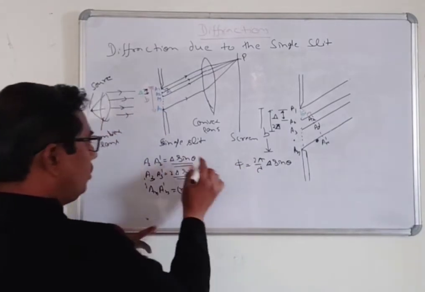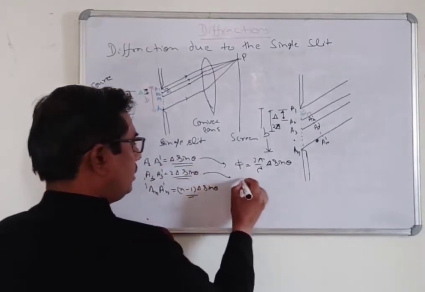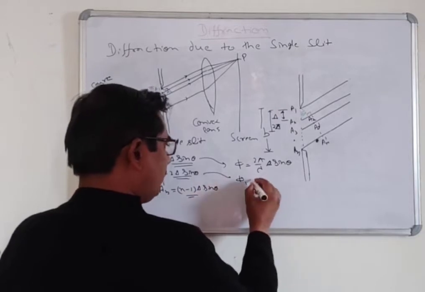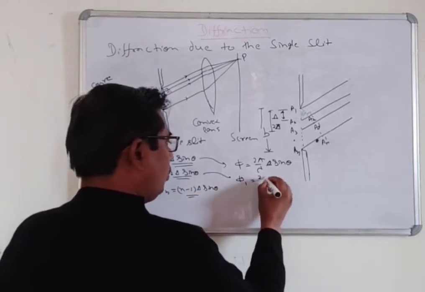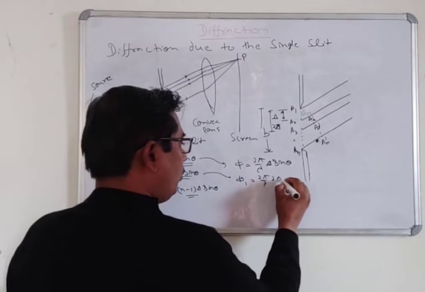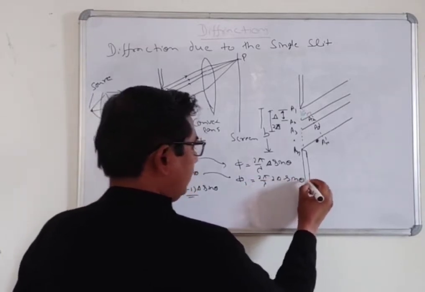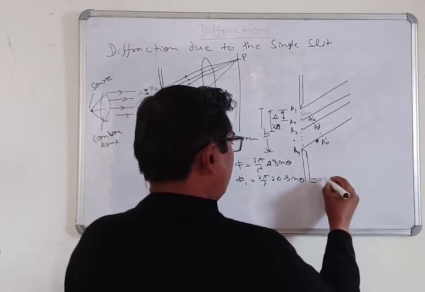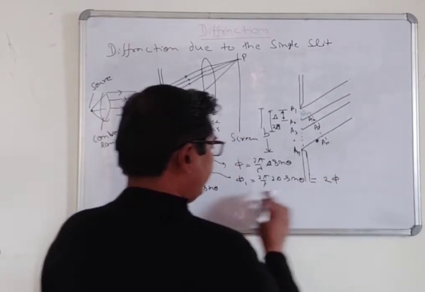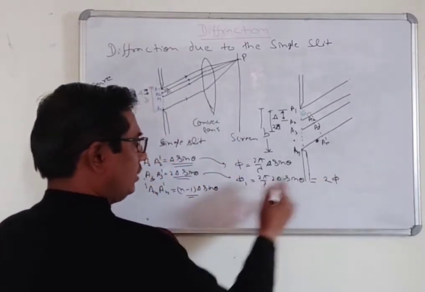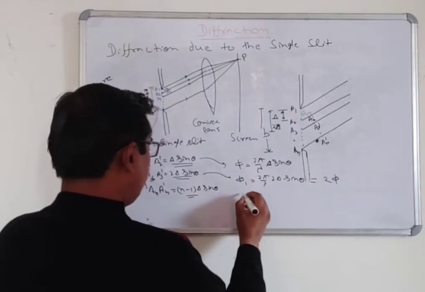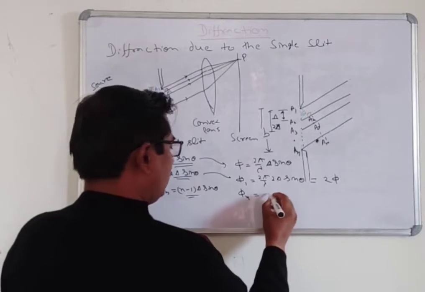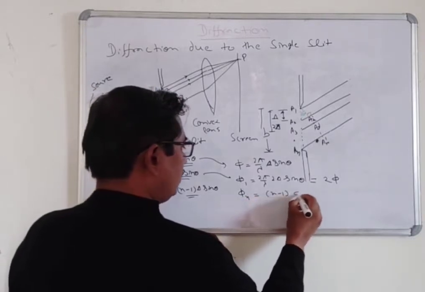This is the phase from this one. And here delta 2 is equal to 2 pi by lambda times 2 delta sine theta. It means we can write 2 phi, you know that. And finally you can write phi n is equal to n minus 1 phi.